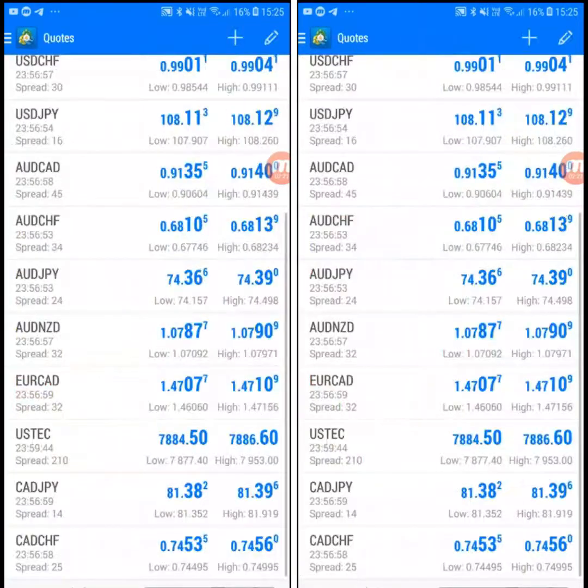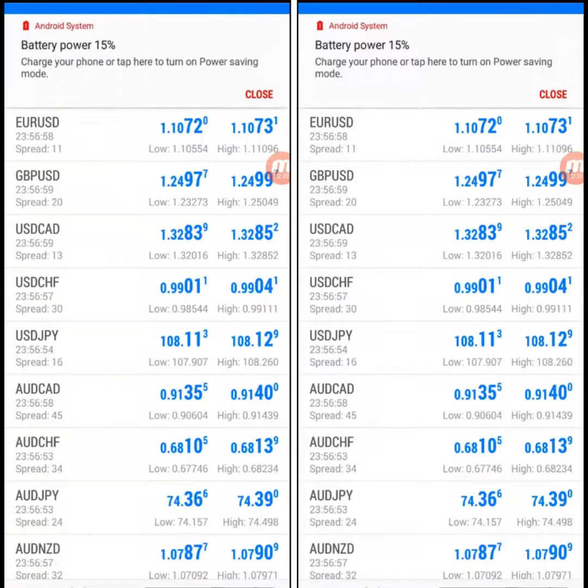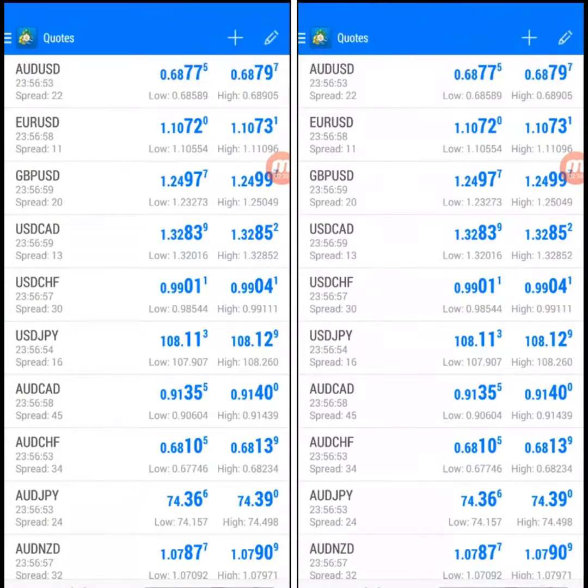So now we know that if USD CAD goes up, it means CAD JPY will do what? It will go up. If USD CAD goes up, Euro CAD also goes up.